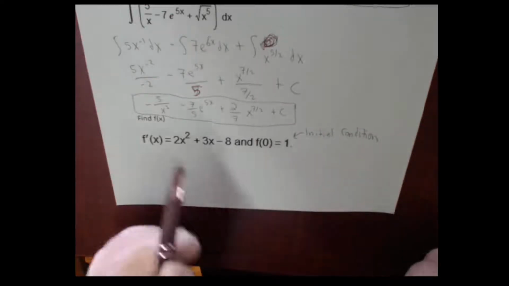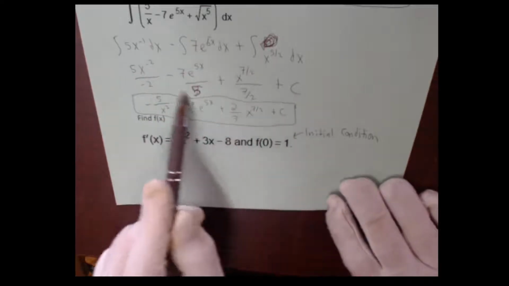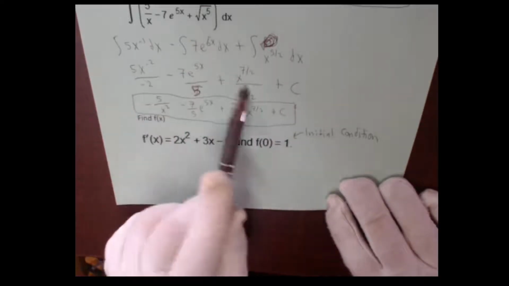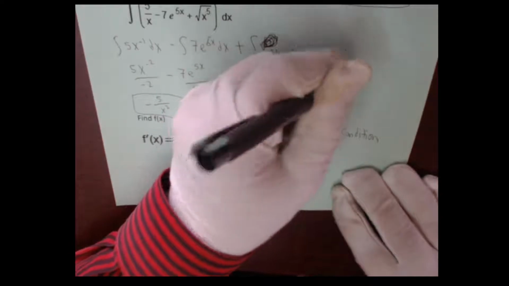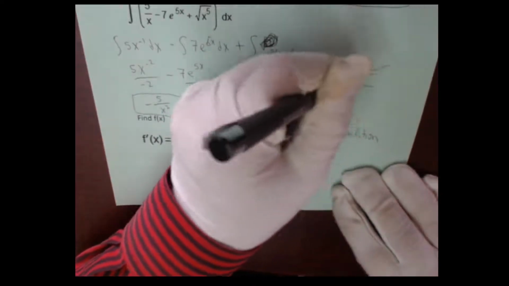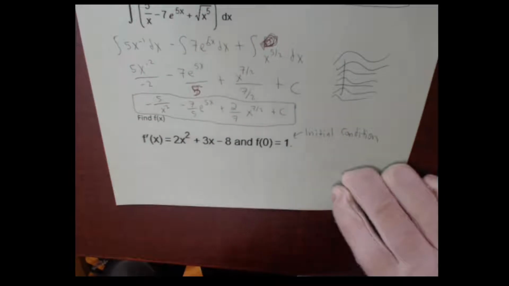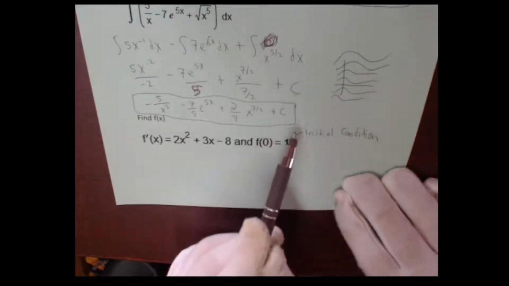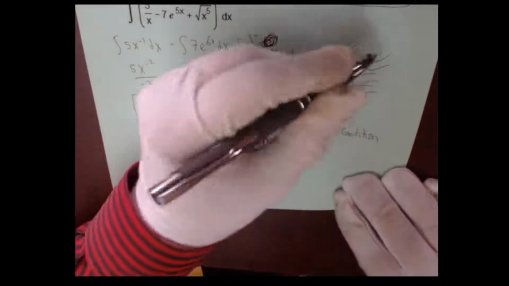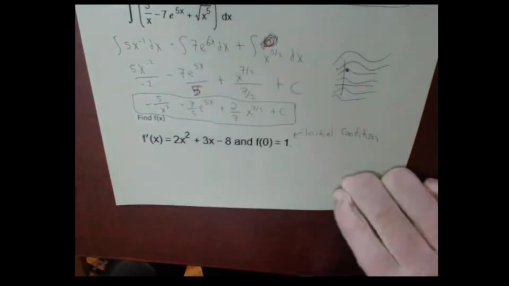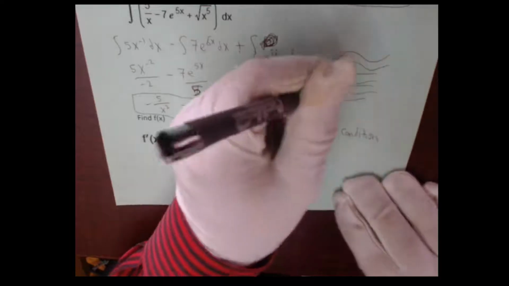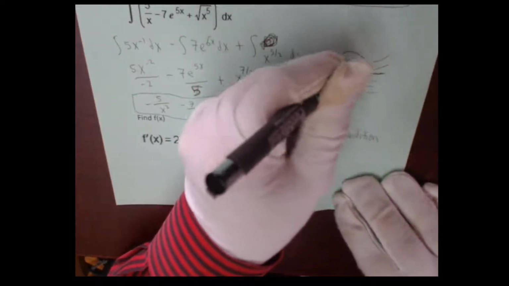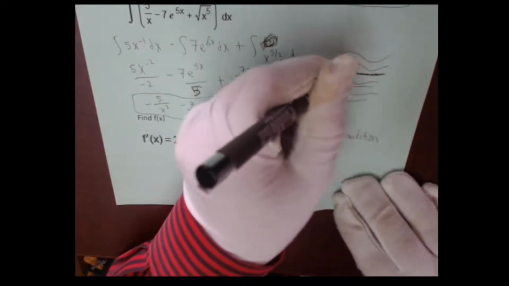Think of it like this. Think of this as being like a river of a bunch of different equations. But they all kind of have the same flow. And the plus c says you can pick any one of these. Well, what this initial condition does essentially is has you drop a pebble into the river and get only one stream out of that river.